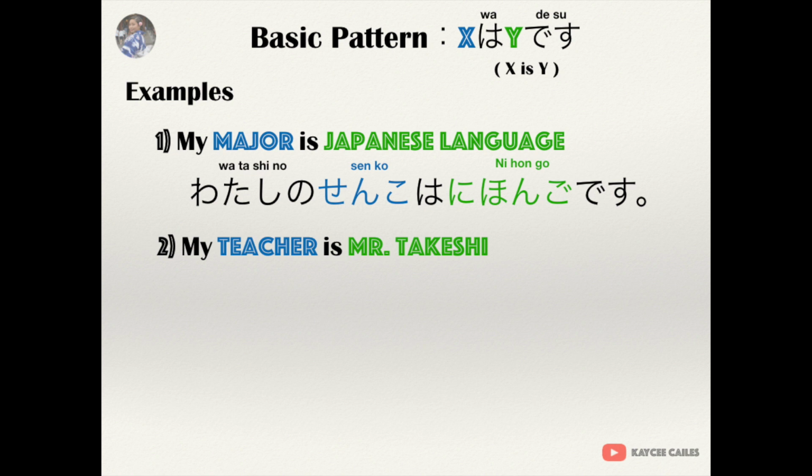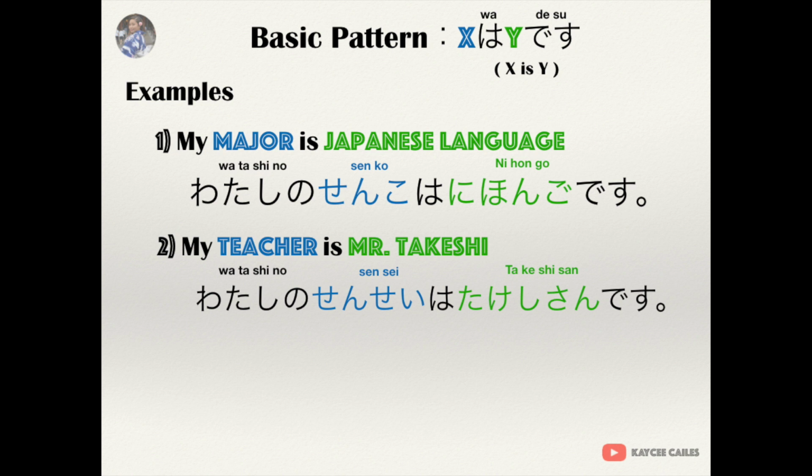Second, we have my teacher is Mr. Takeshi. Teacher is our topic, and in Japanese it's sensei, since we are talking about someone, but if you're talking about yourself, it should be kyoshi. Anyway, moving on, our comment is Mr. Takeshi, which in Japanese is Takeshi-san. Now let's finish our sentence. Watashi no sensei wa Takeshi-san desu. My teacher is Mr. Takeshi.